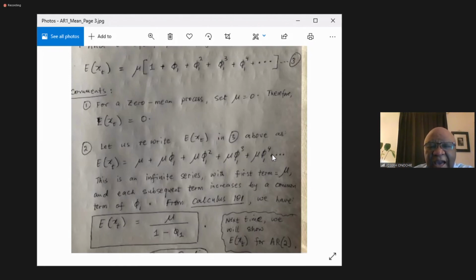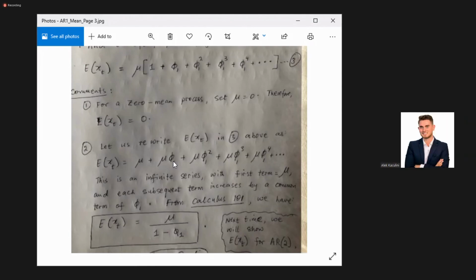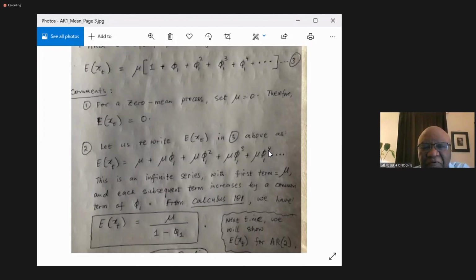And if you have that, calculus tells us that this same average is the same as the first term, this one, divided by 1 minus that constant difference between them. Guys, what is the difference between the first and the second term? It's phi1, right? Yes. What is the difference between this term and this term? It's phi1.